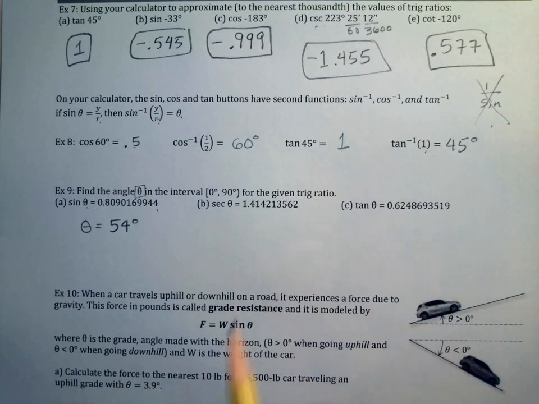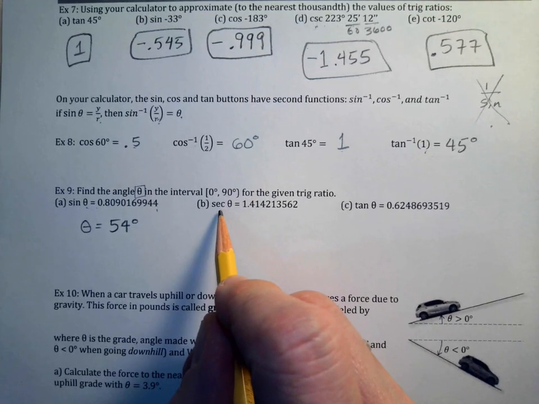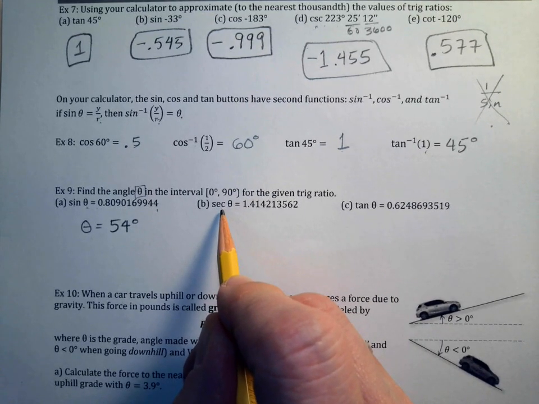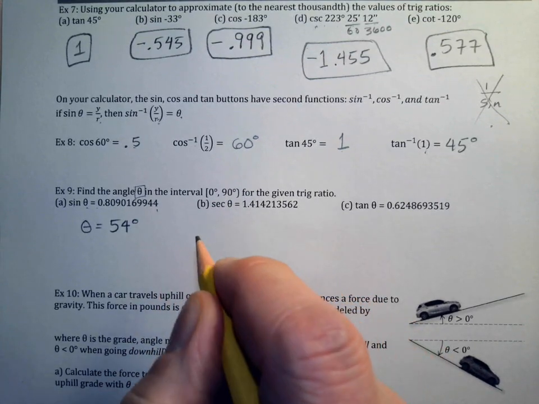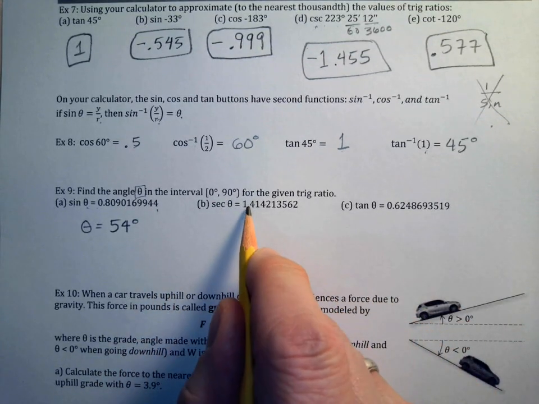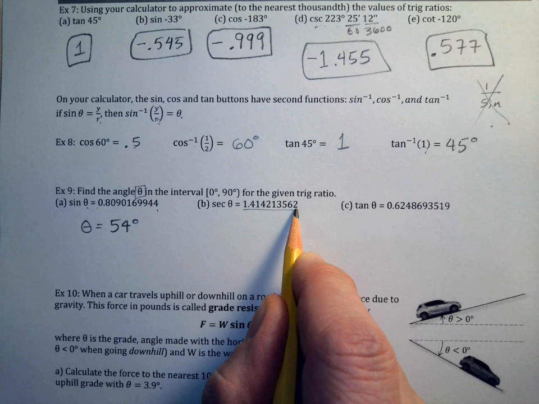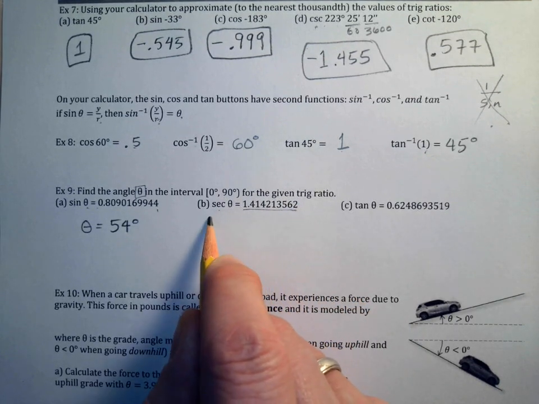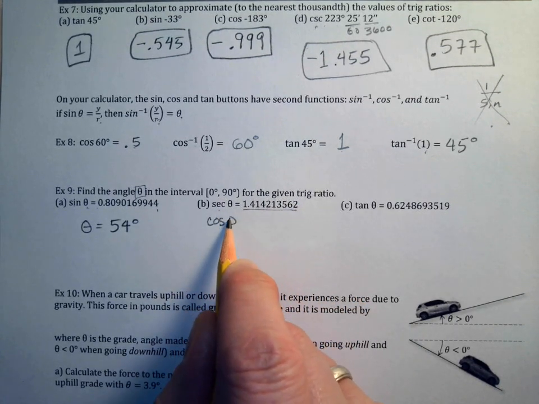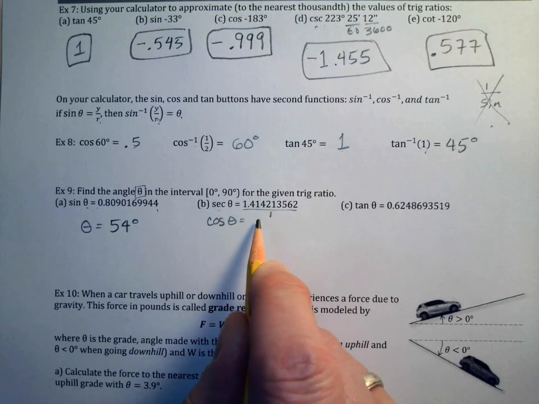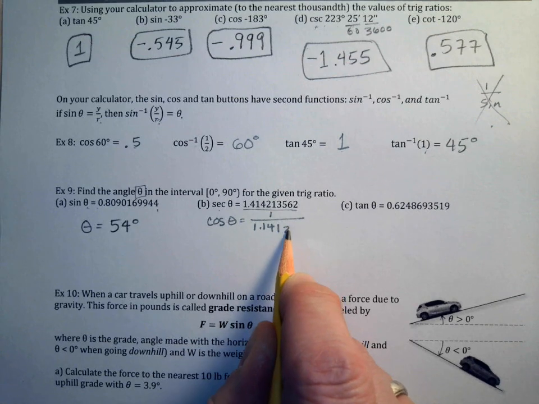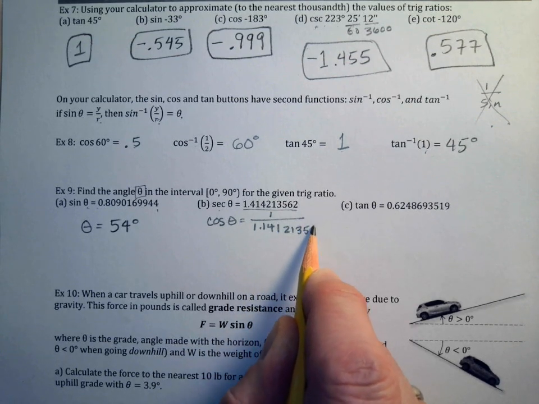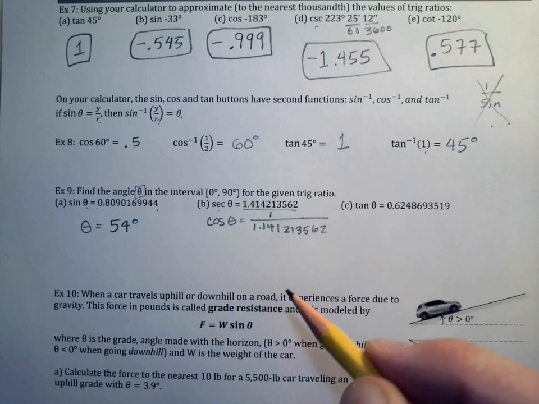All right. This one, again, we don't have a secant button in our calculator, but we can say, all right, this is the ratio for a secant, so cosine of theta equals the reciprocal of that, 1.414213562.